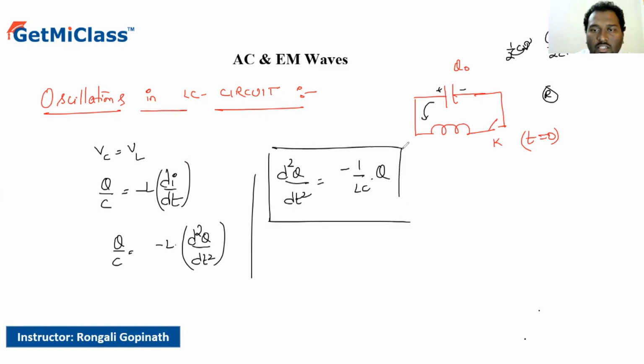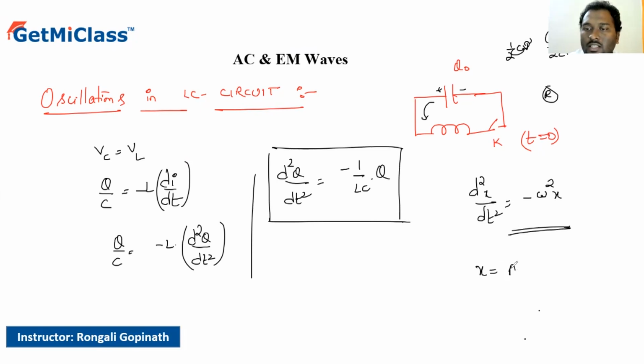If you look at this differential equation carefully, don't you think it resembles this? d square x by dt square is minus omega square x, which is basically the equation for an SHM, simple harmonic motion. In a simple harmonic motion, x equals a sine of omega t, isn't it?